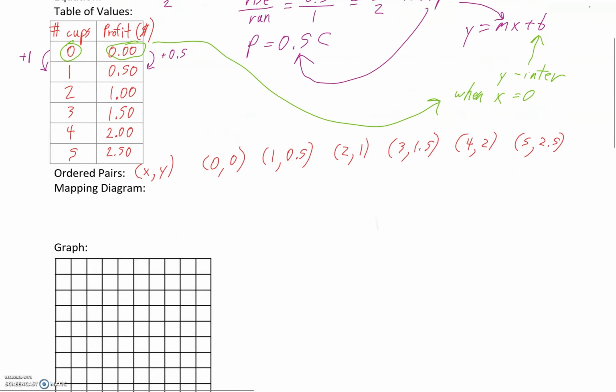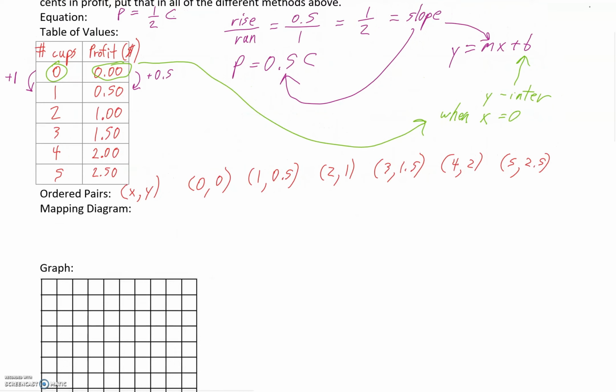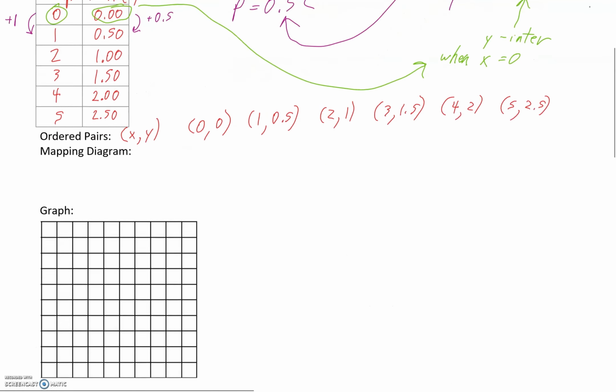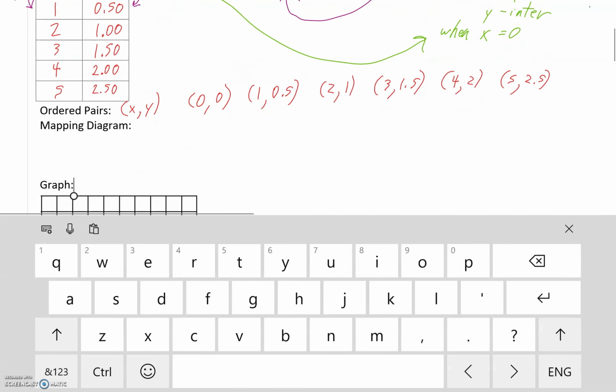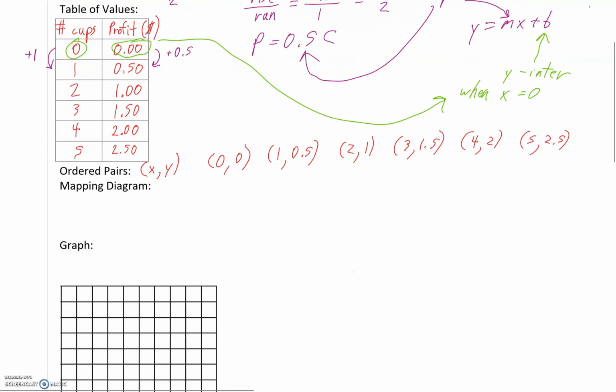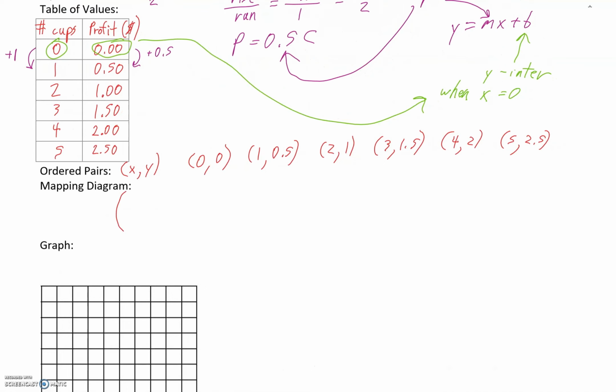Okay, let's continue on. We have an equation, we have a table of values, and the ordered pairs. Let's look at a mapping diagram. I wonder if we can do that without wrecking anything. I'm going to do it because I want a little bit more space there. Okay, so a mapping diagram is going to look like this. Basically, it looks like a table of values, except that you write it down top to bottom, and you put the whole thing in brackets.